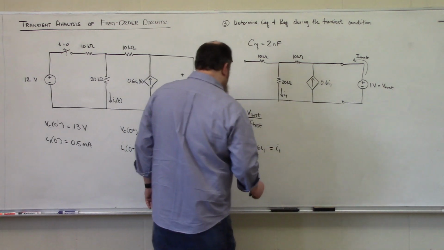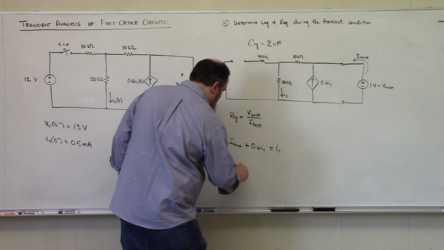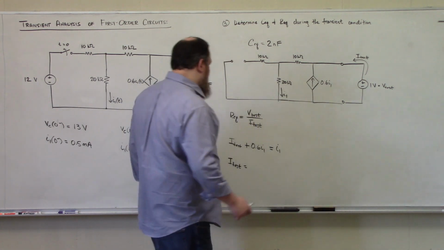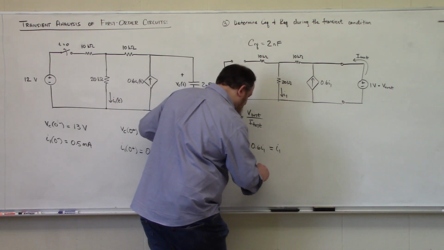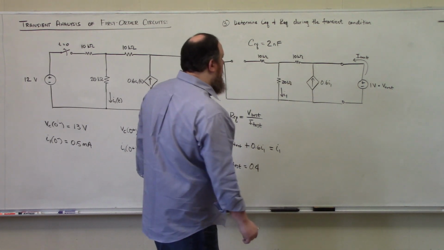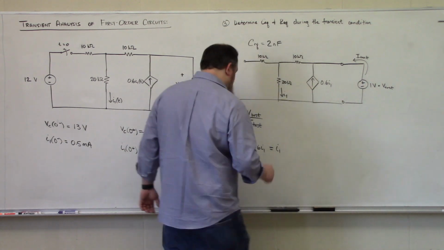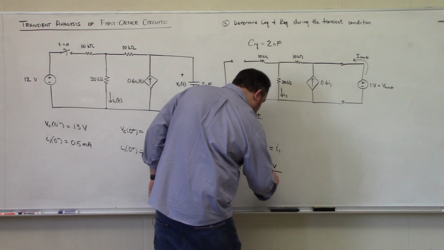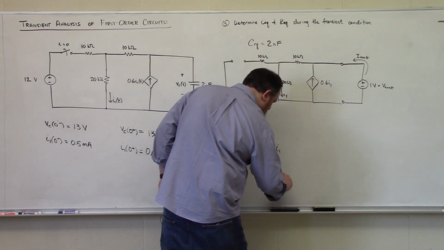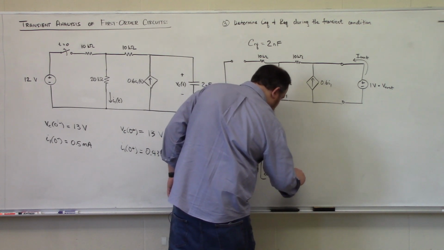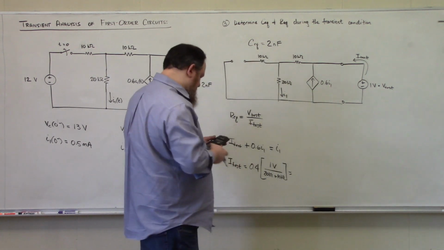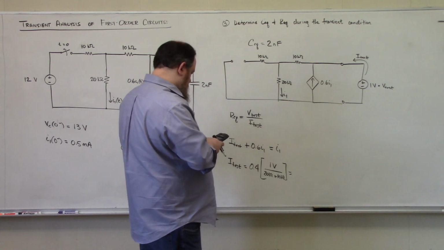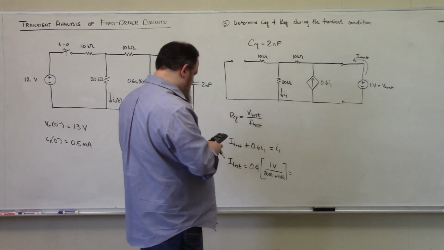I can rearrange this so that I test is equal to I1 minus 0.6 I1, which is 0.4 times I1, where I1 is 1 volt divided by 30 kiloohms. So 20 kiloohms plus 10 kiloohms, and I get 0.4 times 1 divided by 30,000.